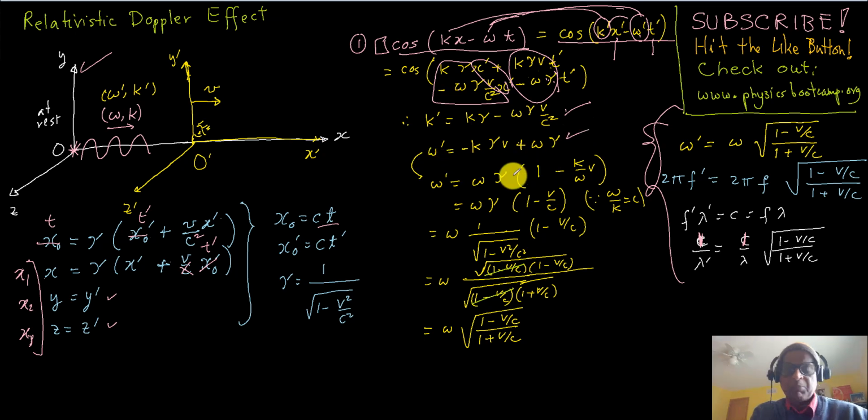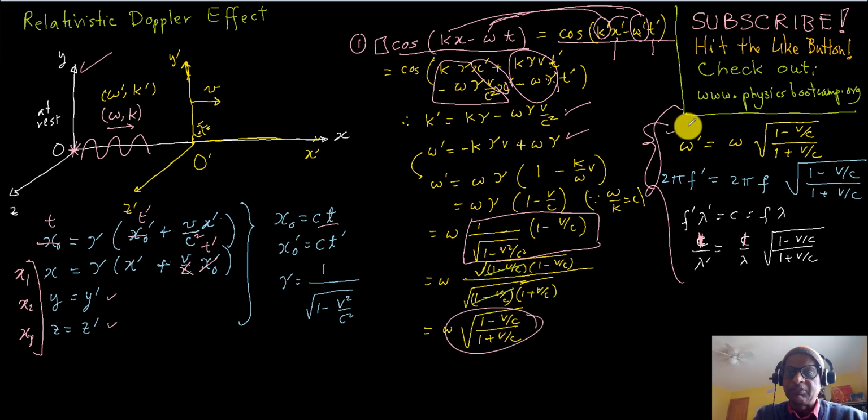Now omega prime needs to be processed a little further, and I just go through these processing steps. All of this is the same thing, it's just hard to write in a compact way like that. You can see this one doesn't look like that, but the numerator you can write down as two factors, this is a square root, and in the denominator we just factor out, and one of the factors cancels out, so this is the same as that.